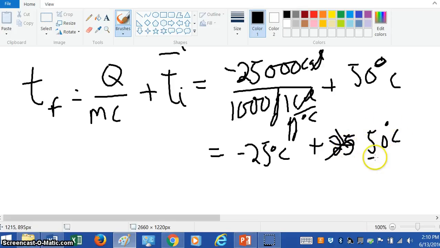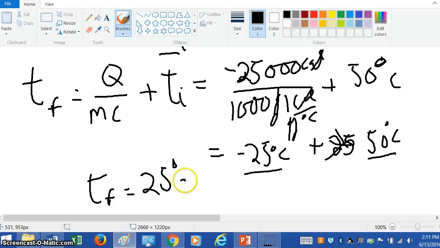And so positive 50 and minus 25, of course, gives us a final temperature. I'm forgetting what I'm solving for. A final temperature of positive 25 degrees Celsius. And so what we've done, let's just review this real quickly.